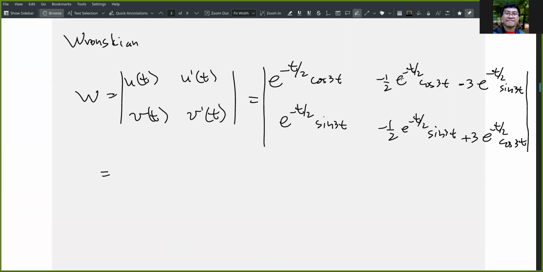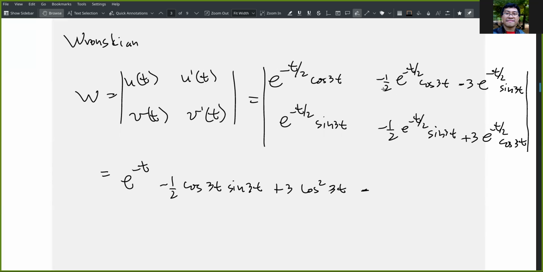All of these terms contain e to the minus t over 2, so we can factor out. If you multiply this times this, e to the minus t over 2 times e to the minus t over 2, that's e to the minus t. All of the terms have that, so we factor out e to the minus t. Cosine 3t times this, you have minus 1 half cosine 3t sine 3t. Cosine and this, that's plus 3 cosine squared 3t.